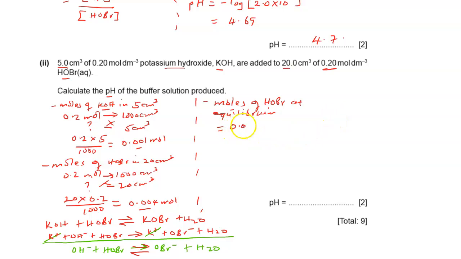So 0.004 minus 0.001, and what we get here is 0.003 moles of bromic acid at equilibrium.